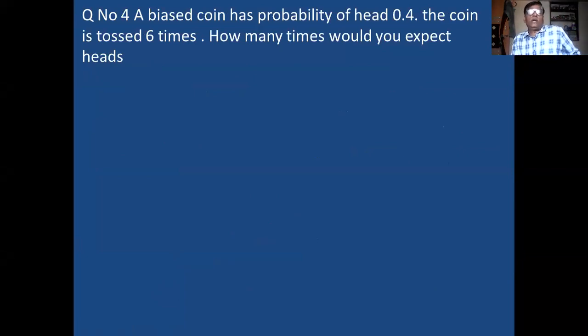A biased coin has probability of head 0.4.